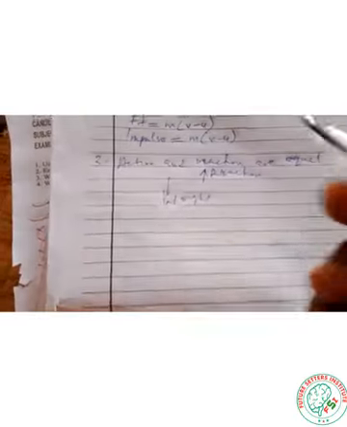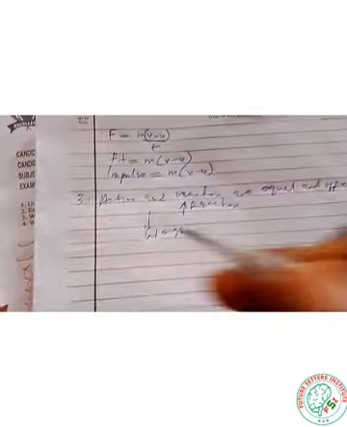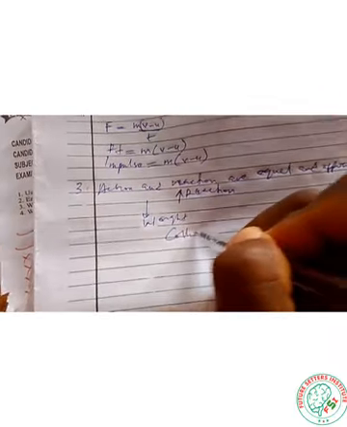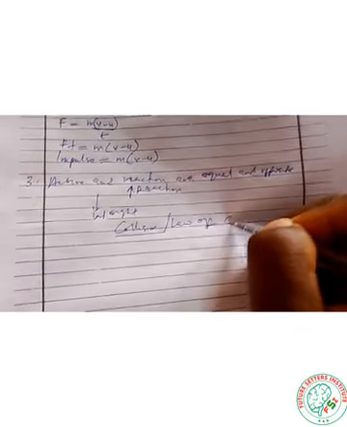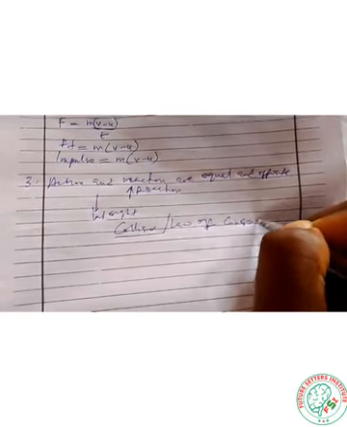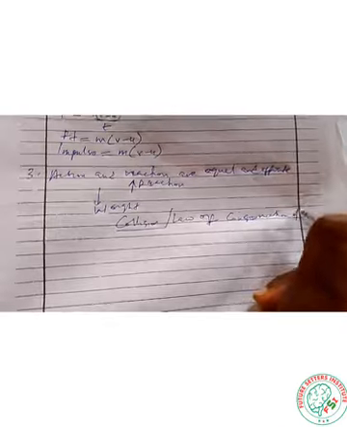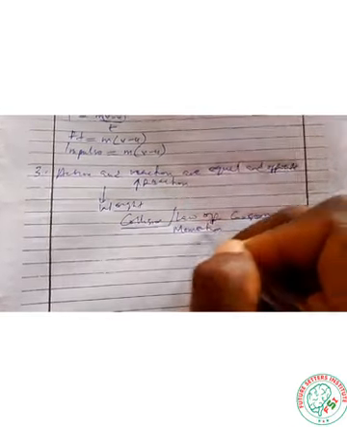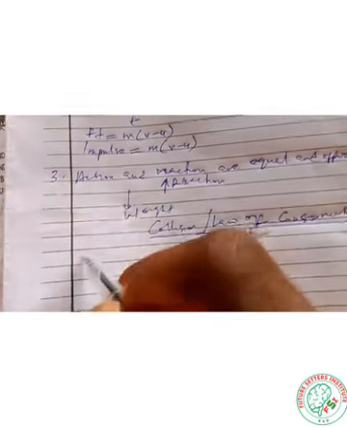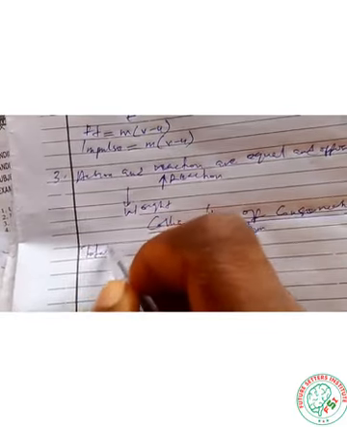Now with all this, we've talked about the first, second and third law. We'll be entering collision and the law of conservation of momentum. Under the law of conservation of momentum, this law states that the total momentum of a closed system is always conserved.